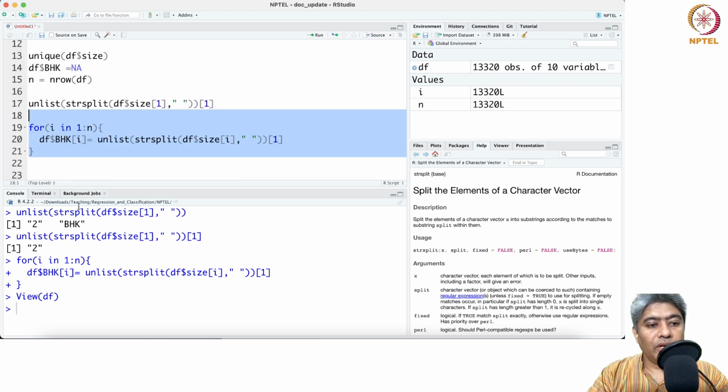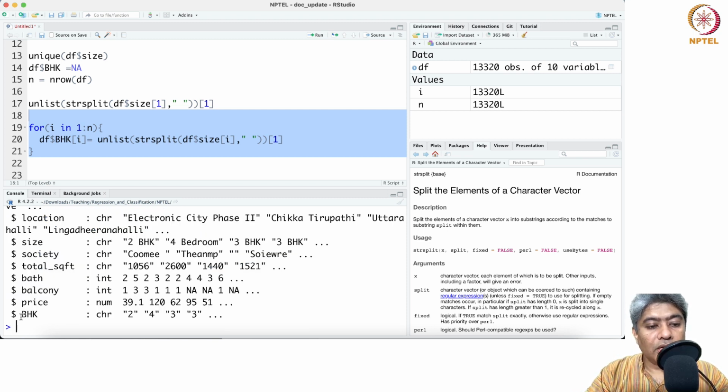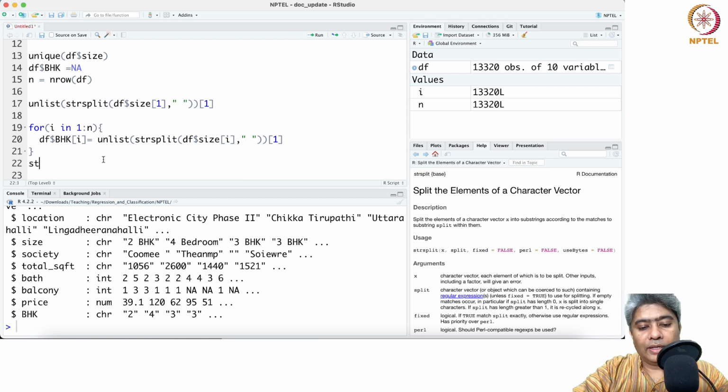But remember that when it was done, it was character. If I check the structure of the data set df, you will see BHK is being stored as a character.